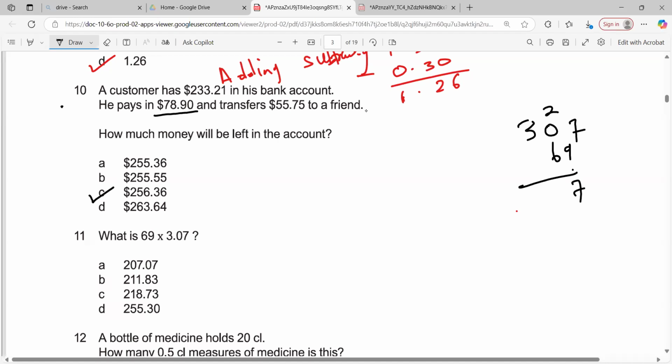Then 3 times 6 is 18, add 2 to that, and it's 20. So the answer is 207.07, which is A.